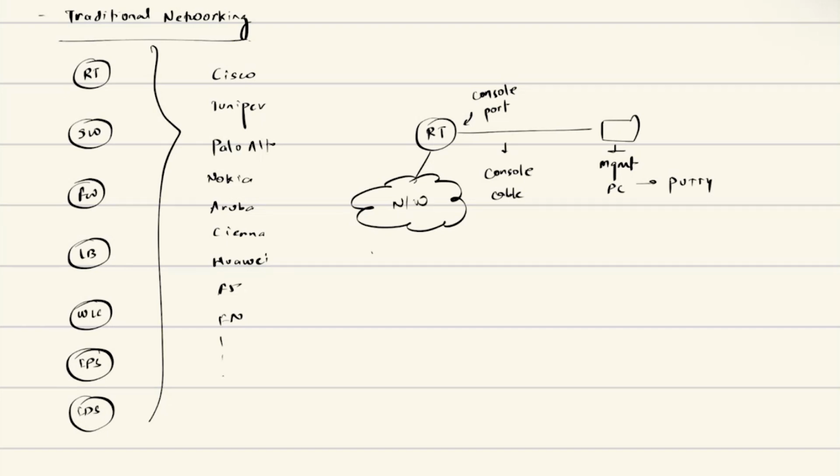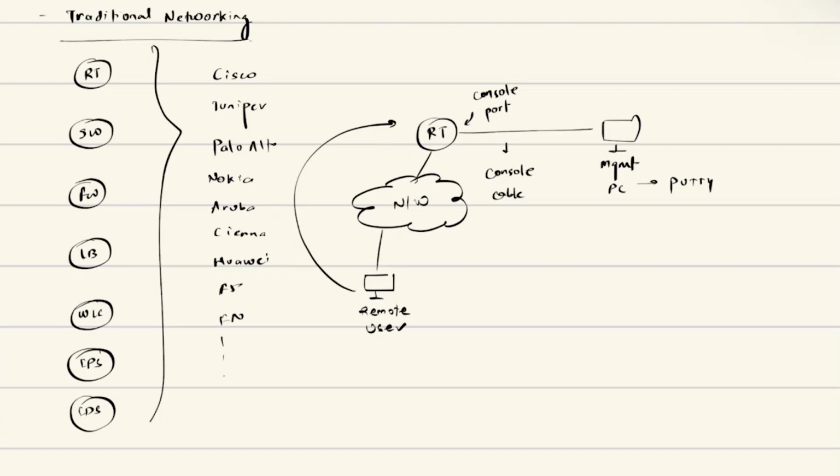When you expose that device on the network, then anybody can act as a remote user and connect with that particular device by using various methods nowadays, including SSH, Telnet, and HTTP. There are so many ways you can communicate with the device, using remote management protocols and all, right? And when your device is configured properly, it will start behaving as per your expectations. And this is the traditional network.